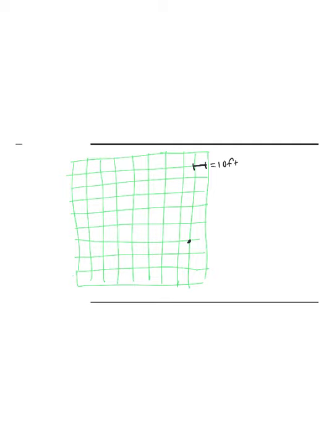Okay, so if I go 50 feet, I go 1, 2, 3, 4, 5. And then I go 70 feet to the left. So 1, 2, 3, 4, 5, 6, 7. And I went 50 feet backward. 1, 2, 3, 4, 5. So this is my end, and this is my start. This is 50 feet, 70 feet, and this is 50 feet.